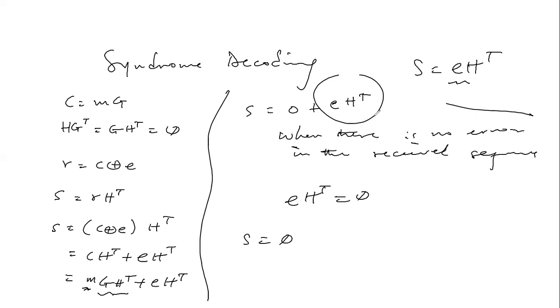Now, we could quickly look up an example. Let us take our parity check matrix to be 1, 0, 0, 1, 0, 1, 1, which you may have developed if you were given a polynomial.